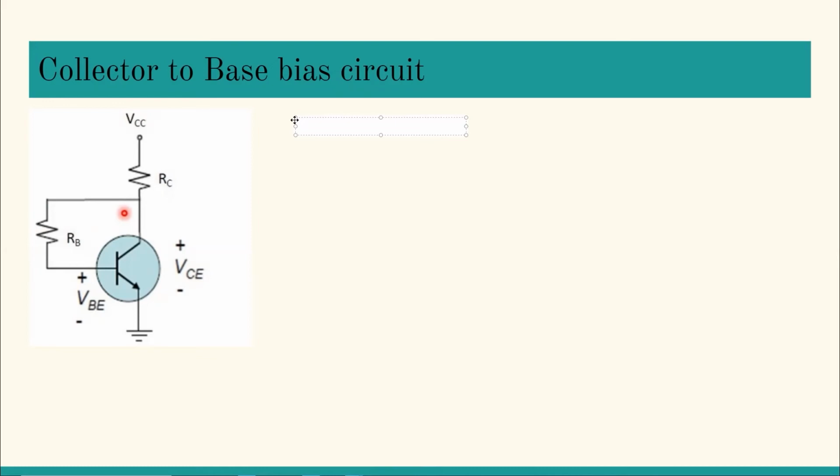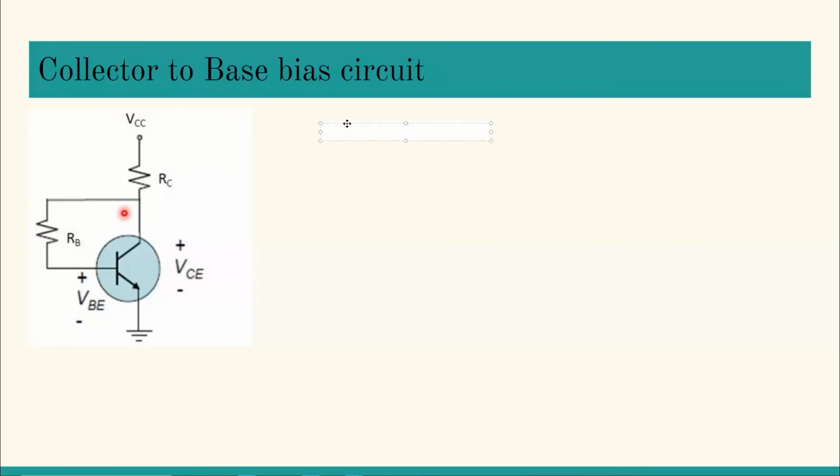We will now trace the, oh sorry, just give me a minute. We will now trace the current as it goes from VCC, coming through RC, and then it makes a voltage drop across VCE. So we are going to write that first.